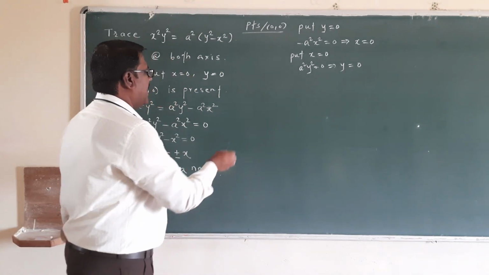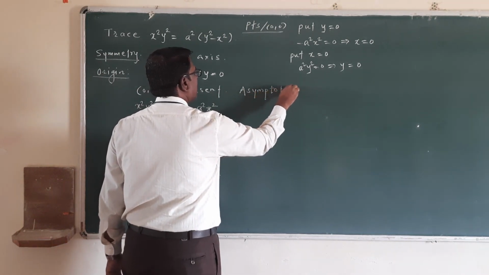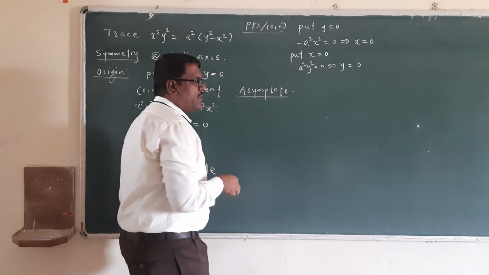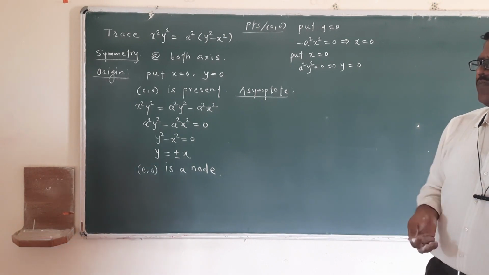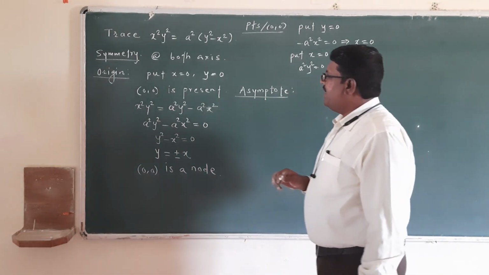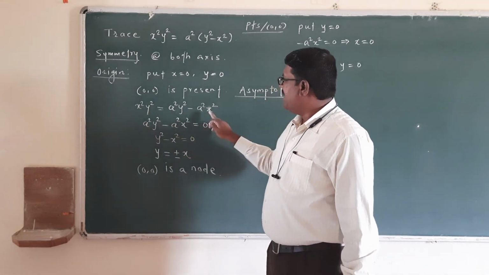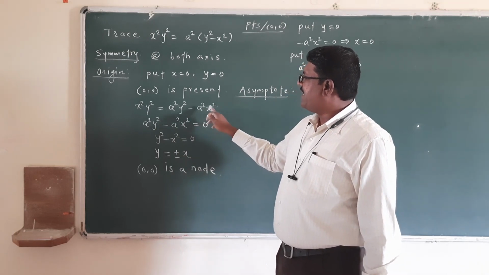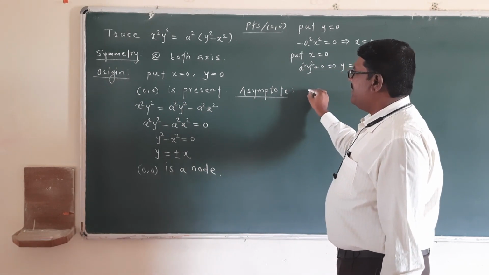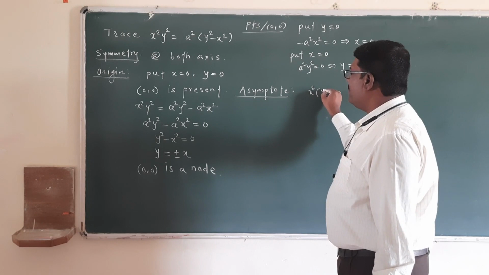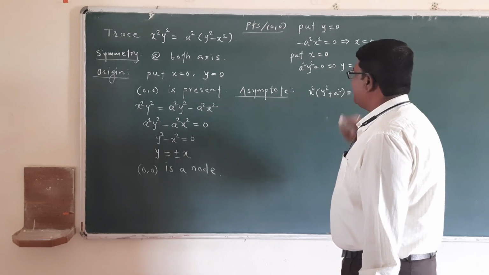Now the next point is asymptote. How do we calculate asymptote? To get asymptote parallel to x-axis, equate the coefficient of highest power of x to 0. Now here the highest power of x is at two places. If I collect the coefficients of x square, what I will get? x square into bracket y square plus a square is equal to a square y square.